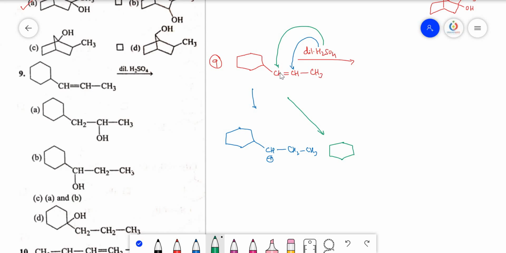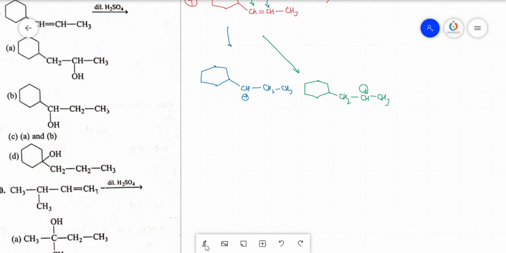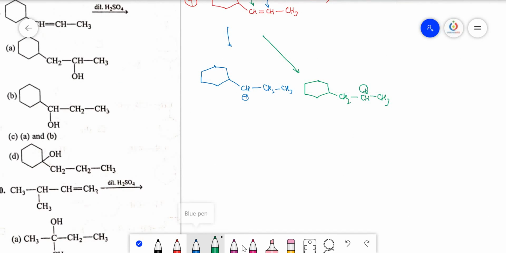Because these electrons will be shifted over to this carbon atom. CH2, CH plus, CH3. So it must be understood that whenever a reaction is proceeding via the formation of a carbocation, it will participate in rearrangement till it obtains the stable carbocation.